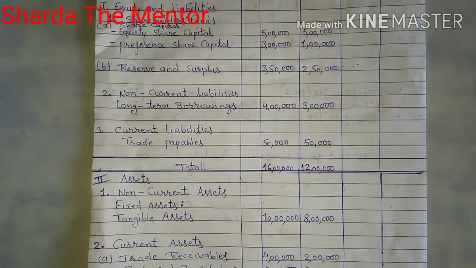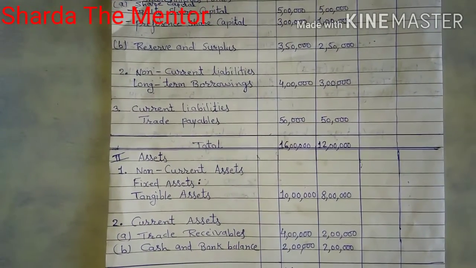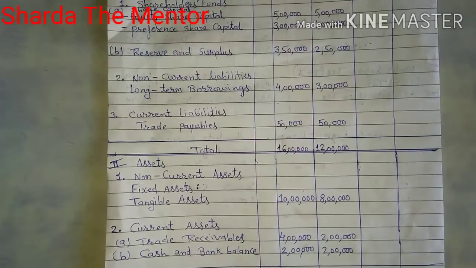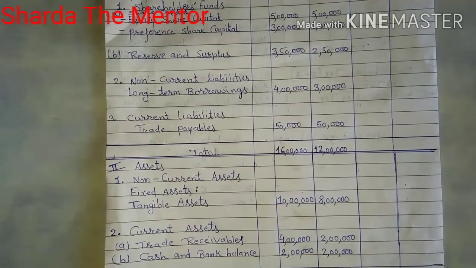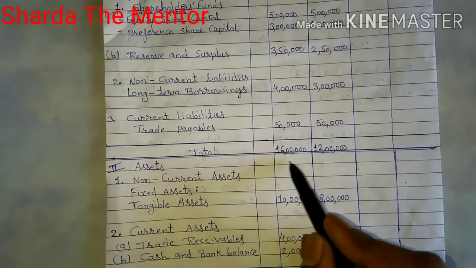Whatever the format of the comparative balance sheet, that will remain the same. But the purpose of preparing the common size balance sheet is that in comparative you just compare the change as compared to the previous year. But when we prepare a common size balance sheet, we take the total.